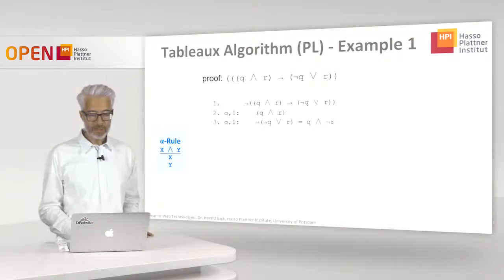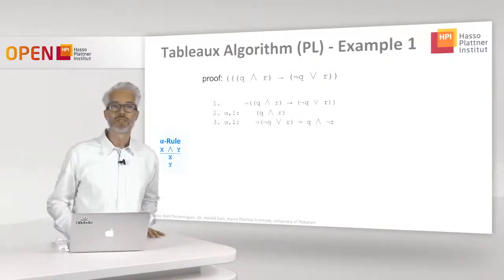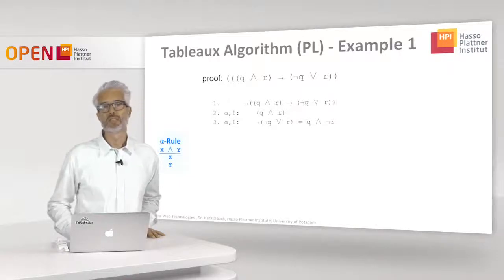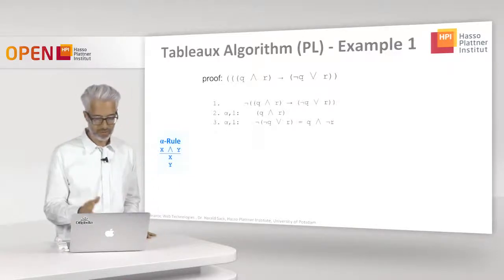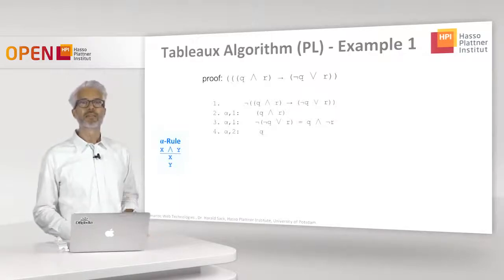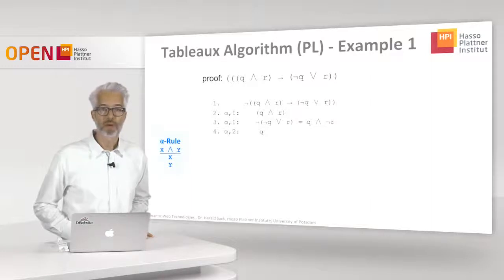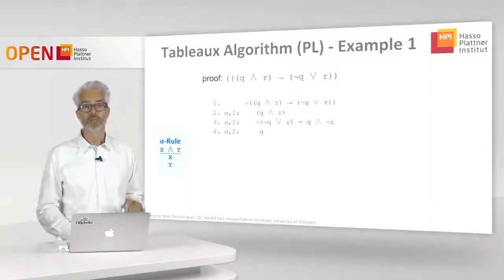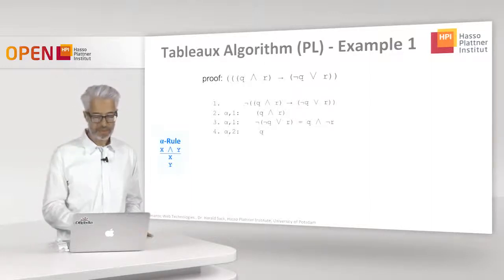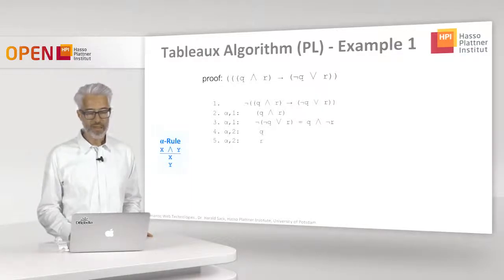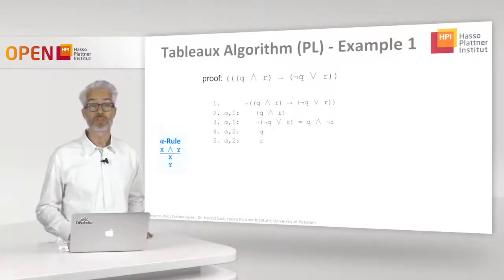Next, of course, we can take into consideration again the alpha rule for conjunctions, because we have conjunctions within our tableau. So first of all, let's have a look at row number 2. There we have q and r. Therefore, we can apply the alpha rule on row 2, and we can extend the tableau with q and r, simply because it was a conjunction.